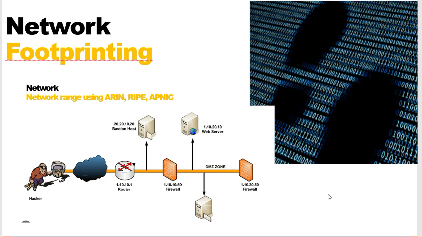So the attacker needs to define a strategy for how to get into the network and how to evade your firewall or IPS systems to reach the destination in your company network.